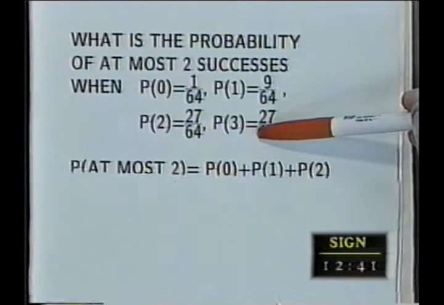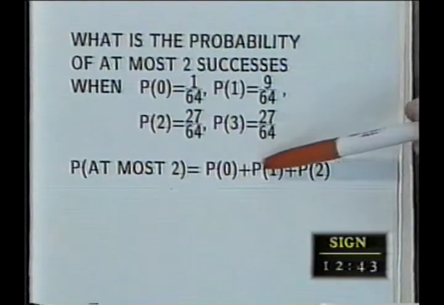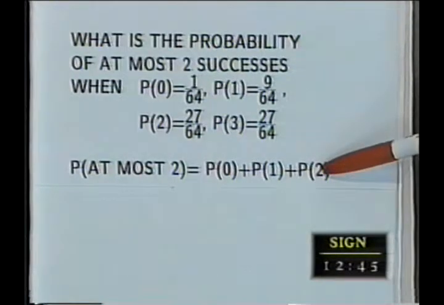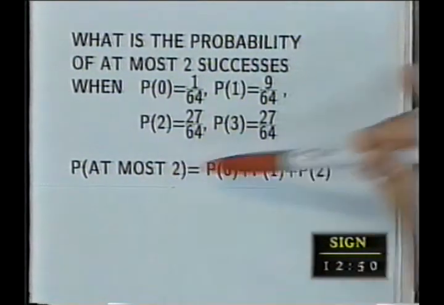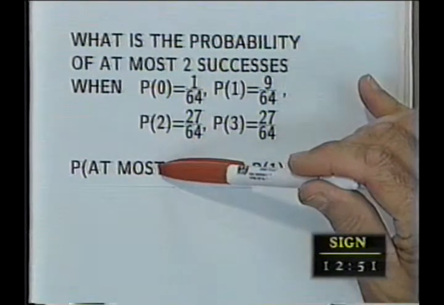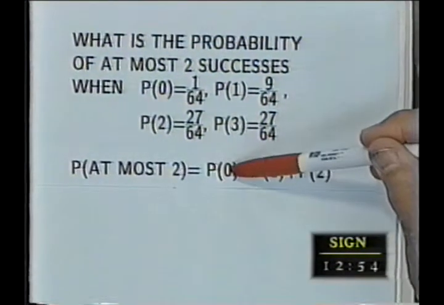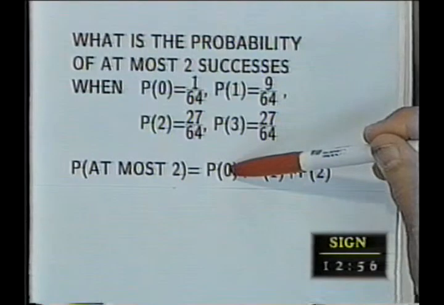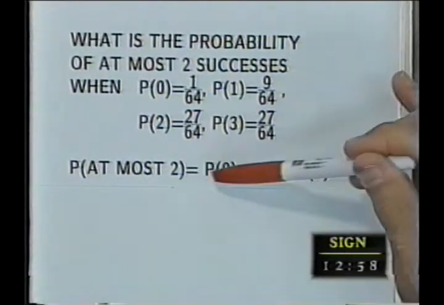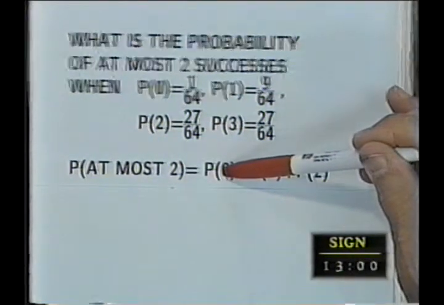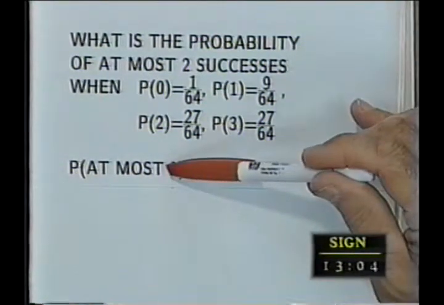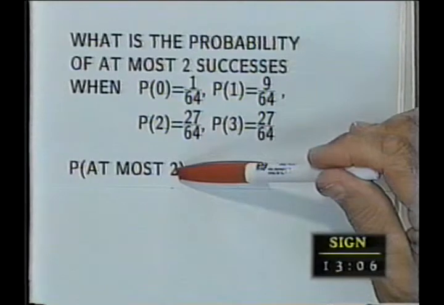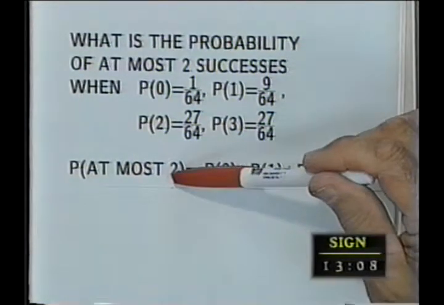At most 2 is the probability of 0, 1, and 2. At most 2 can be 2, at most 2 can be 1, at most 2 can be 0. When I'm saying at most 2, that contains 0. 0 is in the event at most 2, 1 is in the event at most 2, 2 is in the event at most 2.